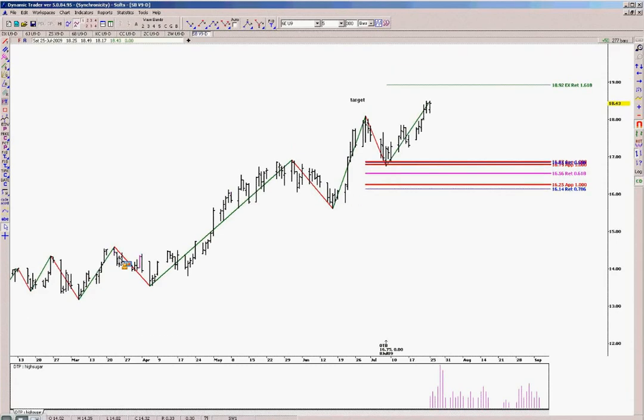Okay, this is sugar. I posted this on Twitter a couple weeks ago as the market was pulling back.